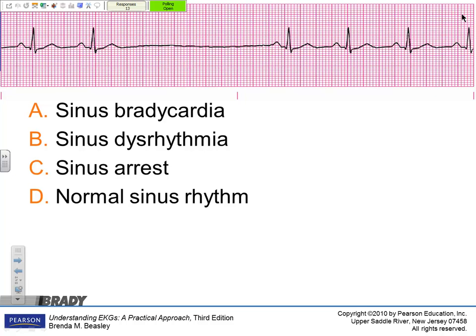This could be a symptomatic patient. The pause? From dysrhythmia in the rest?